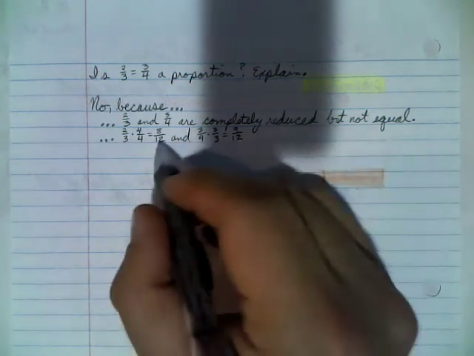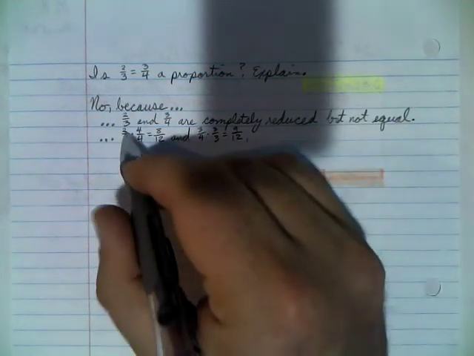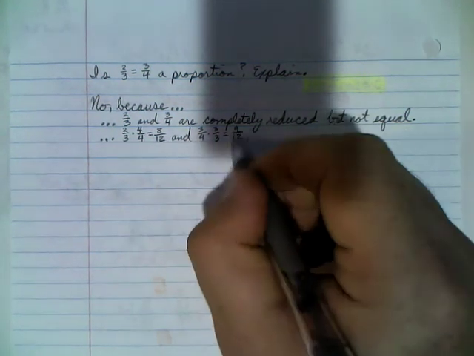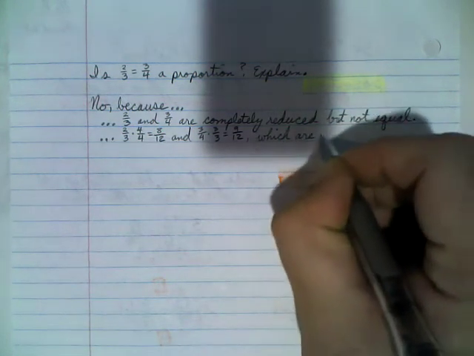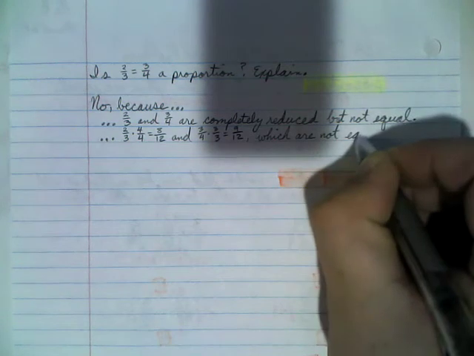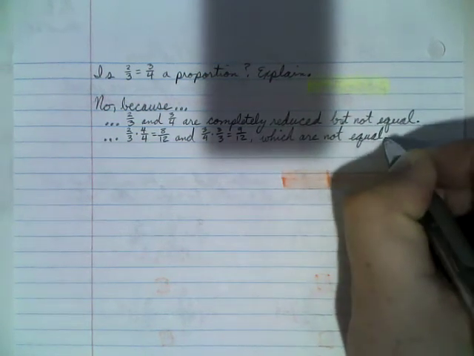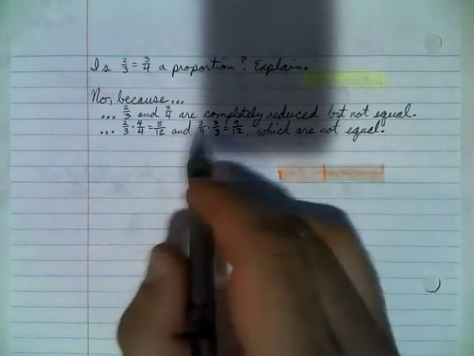So we can clearly see once we have a common denominator that these are not equal. 2/3 equals 8/12, 3/4 equals 9/12, which are not equal. If each one of them equals things that we obviously know are not equal to each other, then they're not equal to each other.